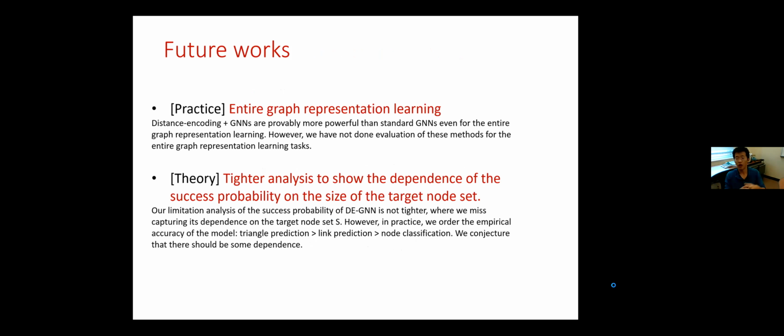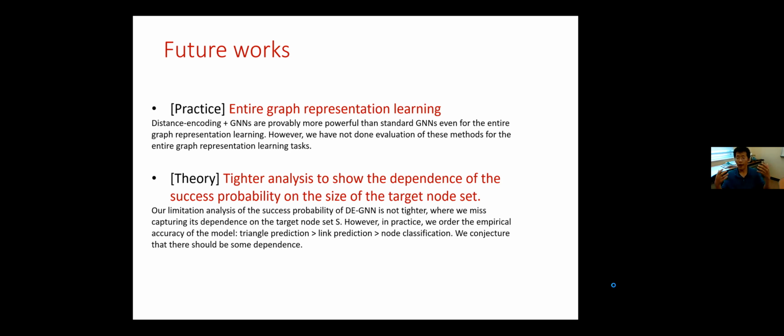Cool. In the end, I have finished all the content here, but let me briefly mention some future work that can be done regarding this distance encoding. We may prove that the distance encoding also improves the graph neural network for entire graph representation learning, which is widely used in molecule classification or molecule property inference.